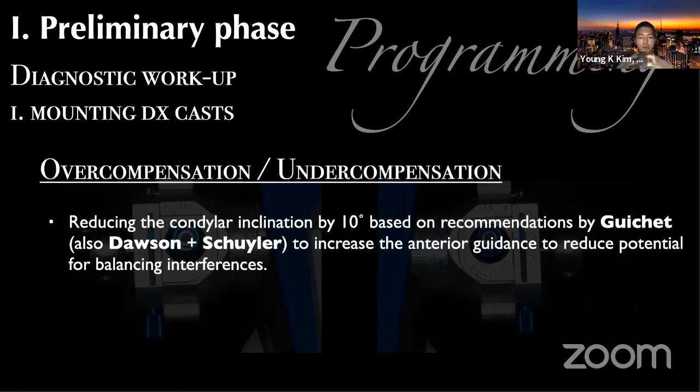The resulting occlusion will have a so-called negative error, where the articulator overcompensates for the mandibular movement. Therefore, the teeth disocclude more freely when the mandible moves. If you're doing a denture, it's the opposite. We would like to have more contact on the teeth, so we would like to preserve the positive error. Those are the overcompensation and undercompensation concepts that we typically apply when we're utilizing the articulator.